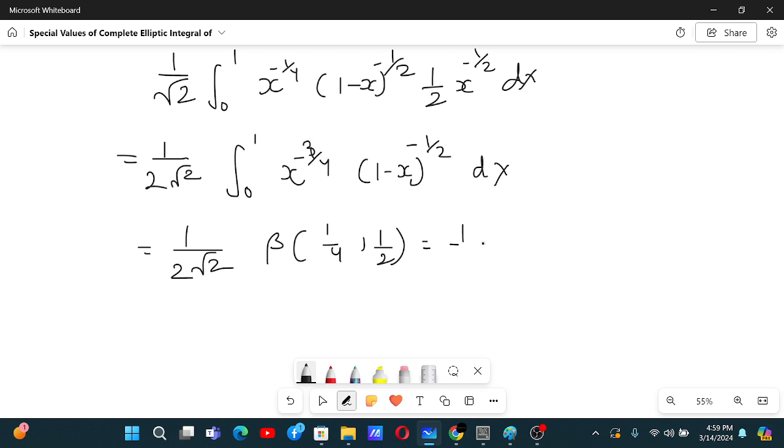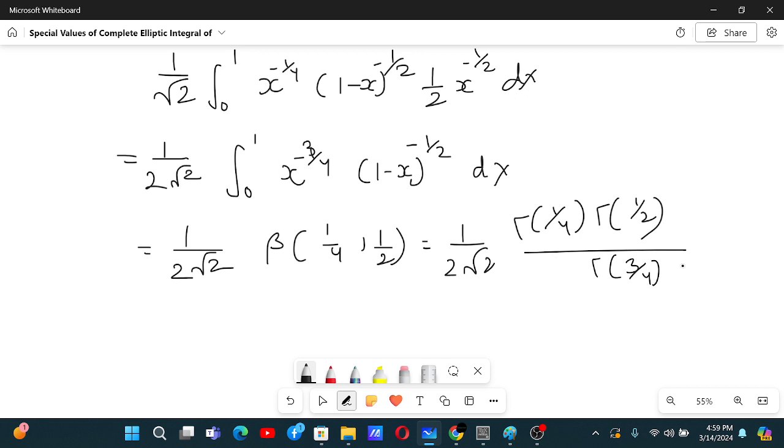Now the answer is 1 by 2 root 2 gamma 1 by 4 gamma 1 by 2 by gamma 3 by 4. Multiply by gamma 1 by 4 in numerator and denominator. Now after we do this, we can basically use Euler's reflection formula. Here is a and over here 1 minus a, so we know that gamma of a, gamma of 1 minus a is basically pi by sine pi a.